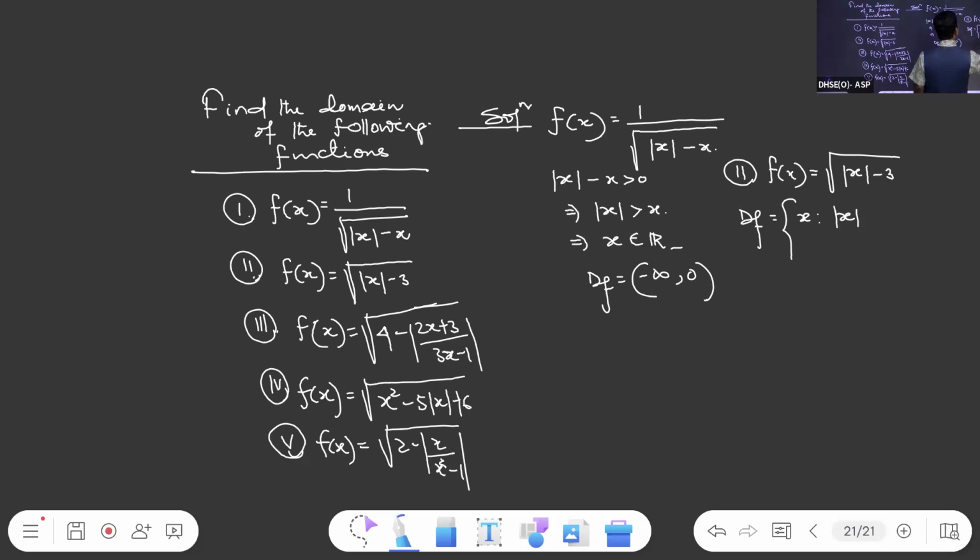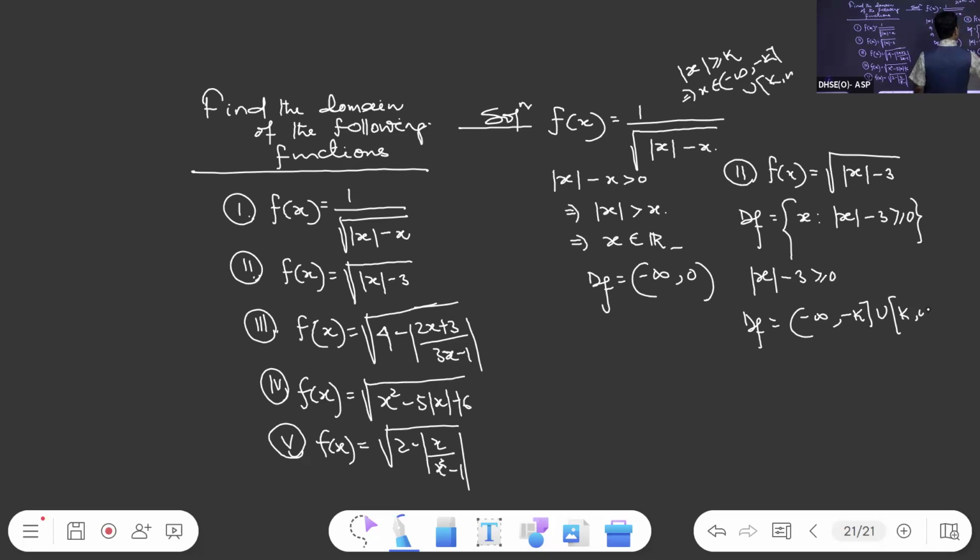So mod x minus 3 greater than or equal to 0. Just one property I have written down: mod x greater than or equal to k implies x belongs to minus infinity to minus k union k to infinity. So the domain of f is minus infinity to minus 3 union 3 to infinity.